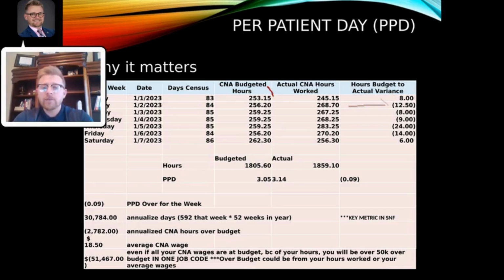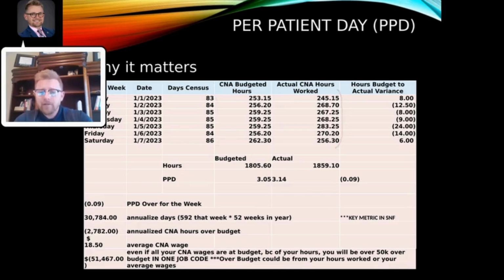Right here is what should have been ran in CNA hours every day based upon heads in the bed that day. Right here is the hours they actually ran. In a perfect world, those would be the same. Now, that will probably never happen. But for the purpose of our exercise, in a perfect world, you want to run the actual hours based upon the budget. That didn't happen.